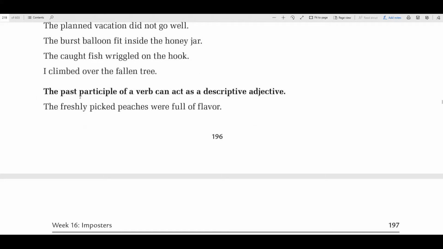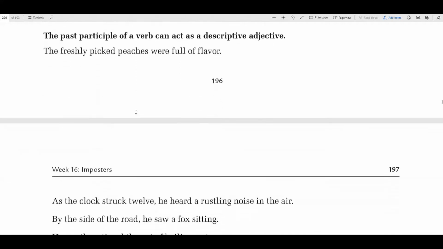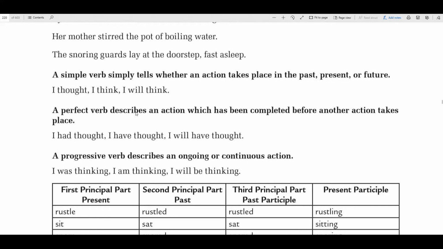So the present participle of a verb can act as a descriptive adjective. Freshly picked peaches. Okay. This is the participle because it's a verb and it's in the past tense. But it's acting as an adjective because it's telling which peaches? The picked peaches. Okay, we had done this before.